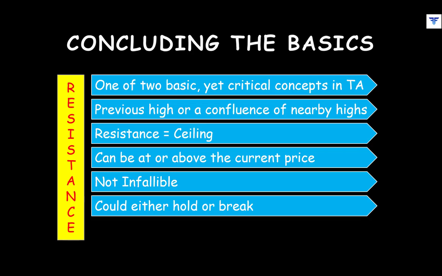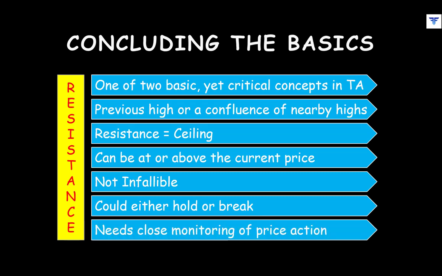Number one, the resistance could hold and the price could start moving lower, or number two, the resistance could break and the price could continue its up move until the next area of resistance is reached. Hence, it becomes extremely critical to closely observe how the price trades near a resistance level or near the resistance zone before deciding to act.